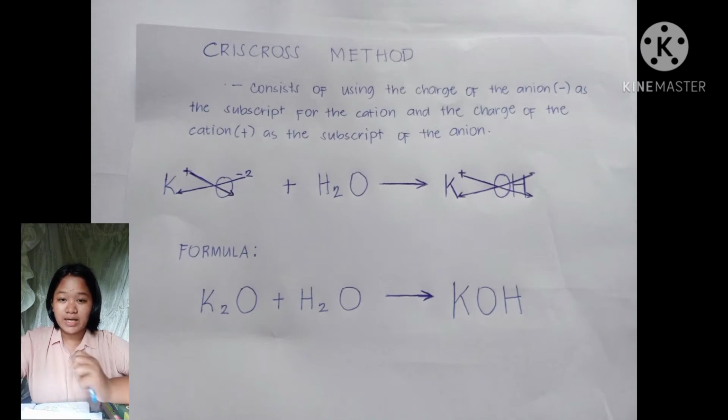Ang sa water wala, gikopy na nako siya, as well as sa potassium hydroxide gi-crisscross gyapon nako siya. So there you are, ang atong final formula for the compound potassium oxide plus water yields to potassium hydroxide is K2O plus H2O yields to KOH.